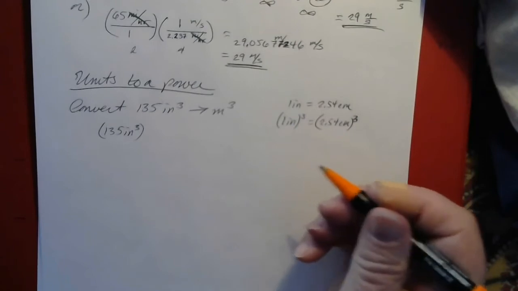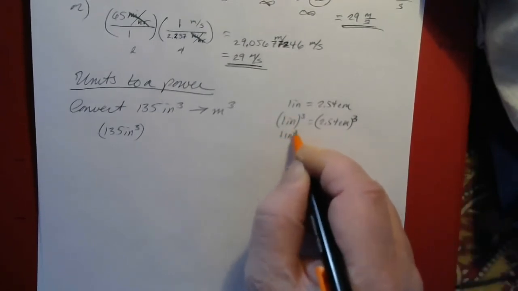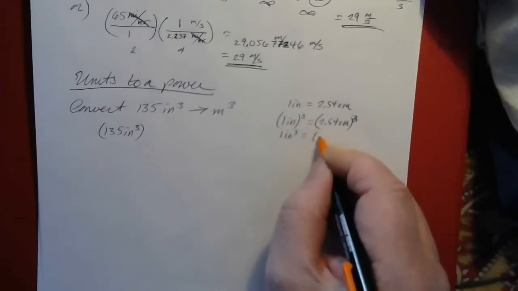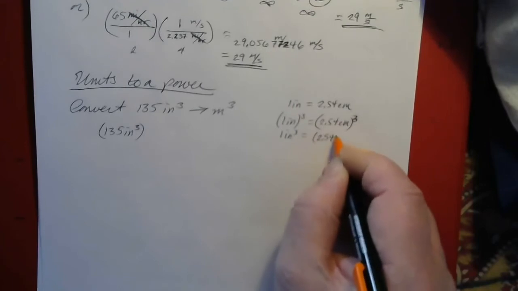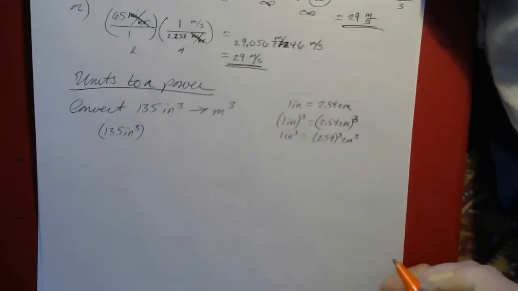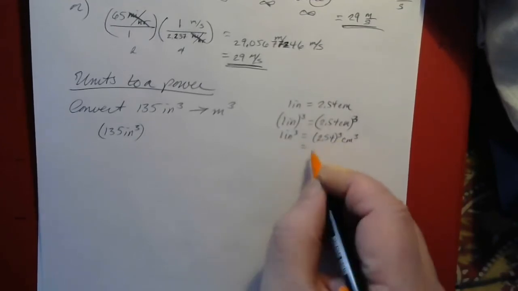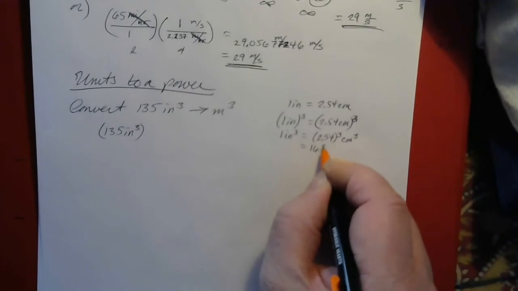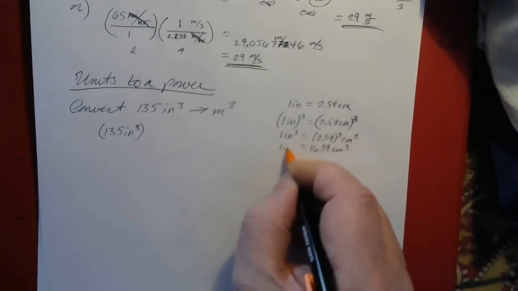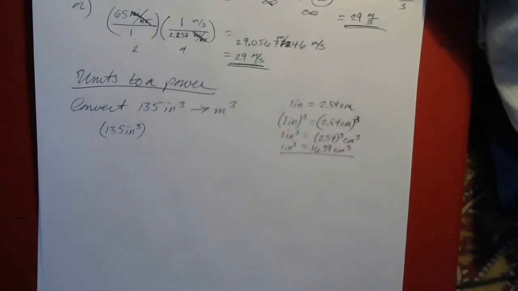Of course, 1 times 1 times 1 is still 1. So basically what we're saying here is 1 cubic inch is equal to 2.54 to the third power cubic centimeters. And 2.54 times 2.54 times 2.54 is 16.39. So that's where that comes from.